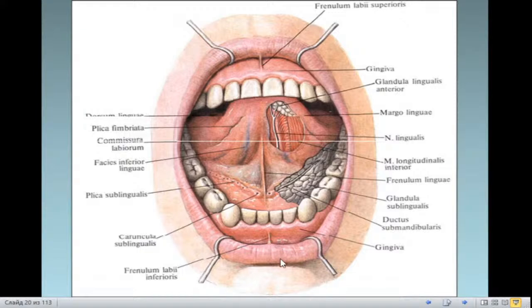The clinical importance of these two frenulums is that if they are attached very low or if they are shorter than normal, that may cause a slit to appear between the central incisors. So a space will be between the central incisors.